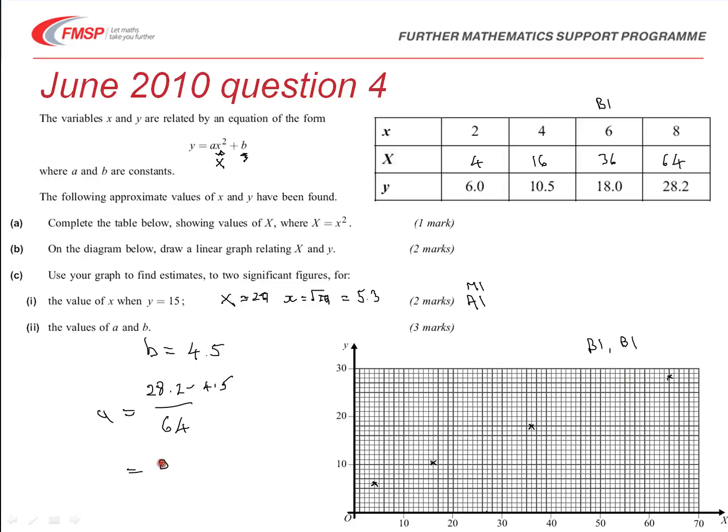Okay, so if we put down 0.37, if you get a value between 0.36 and 0.38, you will get the marks for your accuracy there. So for stating the value of b, you get 1 mark, reading that off the graph. For an appropriate calculation for your gradient, and then an answer will give you the other 2 marks.